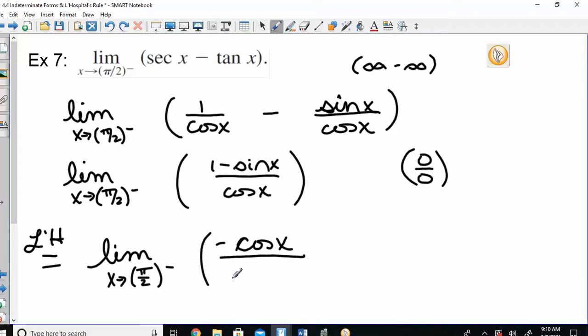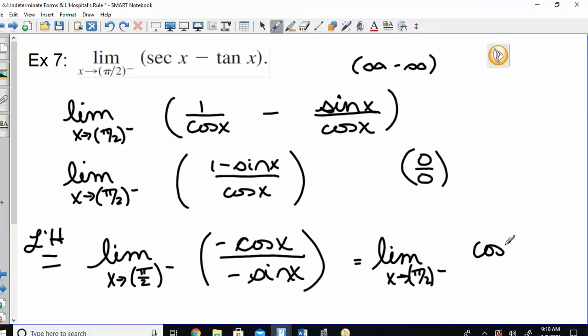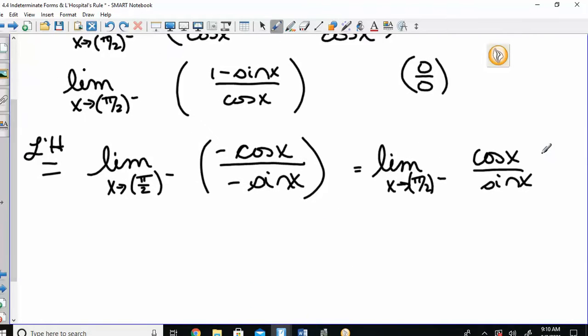Over derivative of cosine x, and your sine x. Okay, those negatives cancel. Can we evaluate? What is the cosine of pi over 2? 0. What is the sine of pi over 2? 1. And 0 over 1 is 0. Is that one okay?